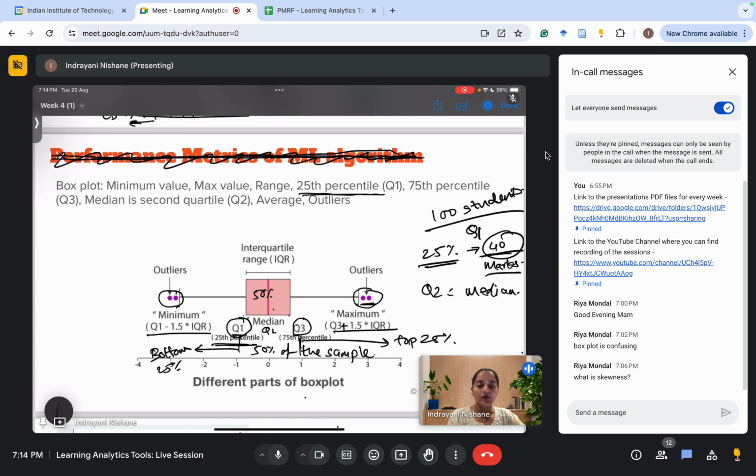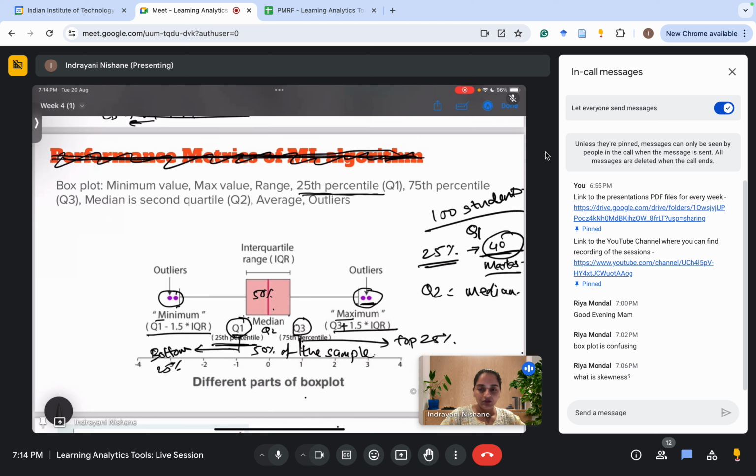So how do we calculate that? What is permissible is between the minimum value and the maximum value: quartile 1 value minus 1.5 into IQR, and quartile 3 value plus 1.5 into IQR. This gives us the total range for distribution. Anything below the minimum is an outlier, and anything above the maximum is also an outlier.